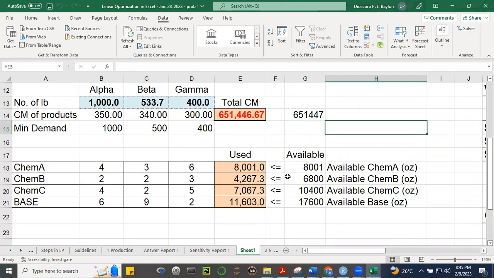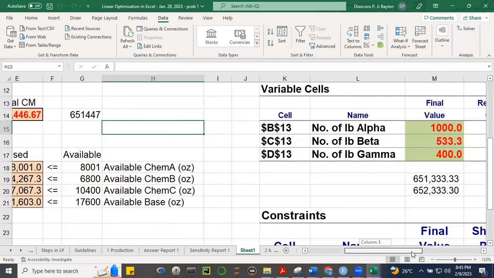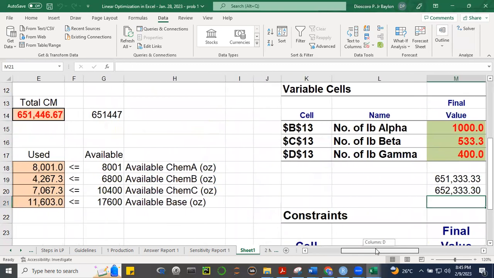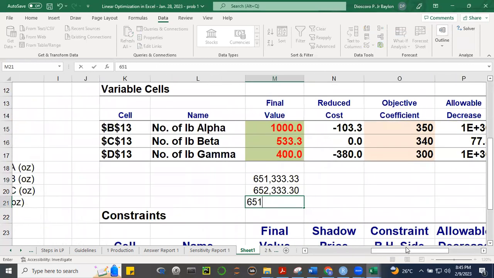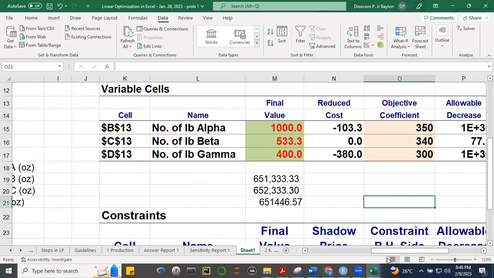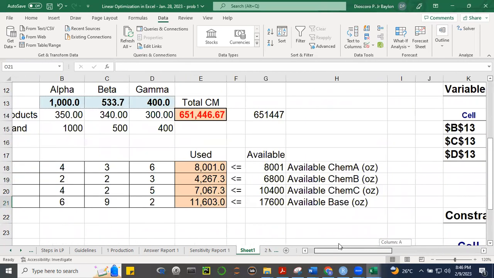Kasi kanina parang 650 lang siya. Sige, tingnan natin ha. So, 651,333. Ngayon, magkano na? 651,446.67. Okay. Nag-increase siya. No?